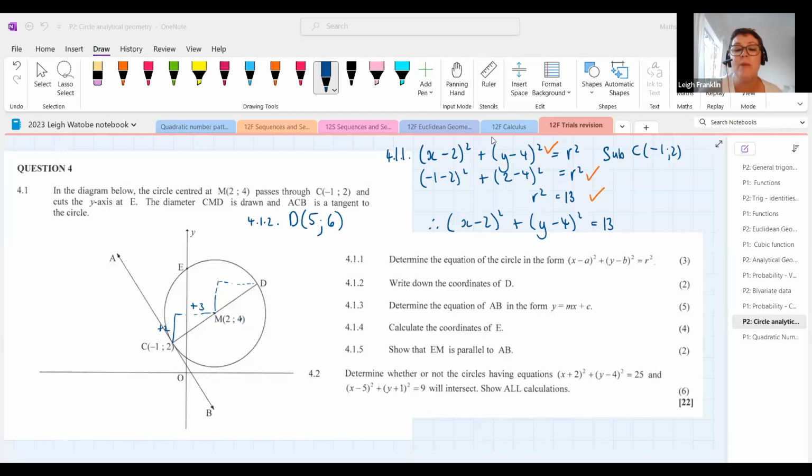Yolanda, please will you help Blessing? If you can. All right, so how are we going to work out the equation of AB? How are we going to work out the gradient of that tangent?